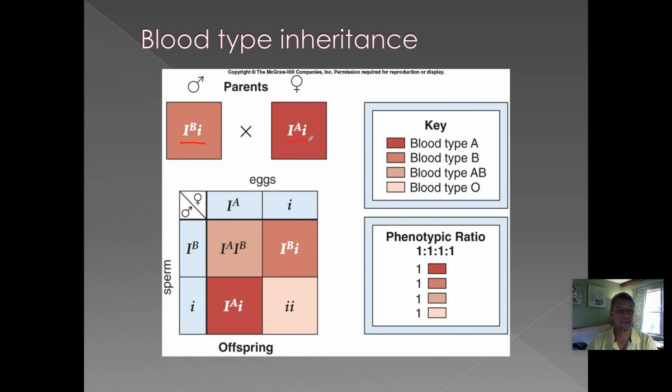So the sperm that dad can produce can either carry the dominant B allele or the recessive allele. The eggs that mom can produce can be either the dominant A or the recessive. And so, what possible offspring can we produce here? Well, in the first box, we have dominant A and dominant B, and this will give us a type AB blood type.